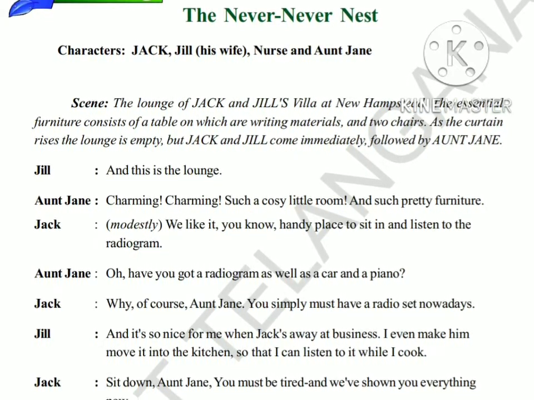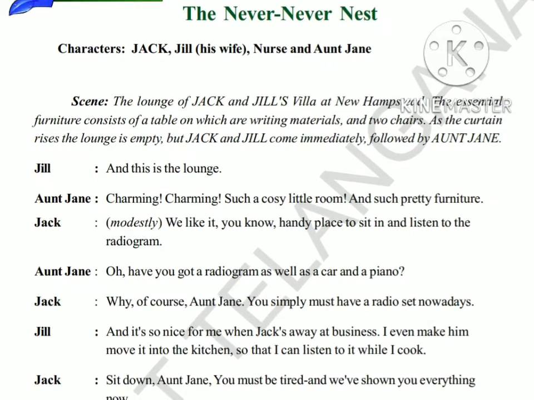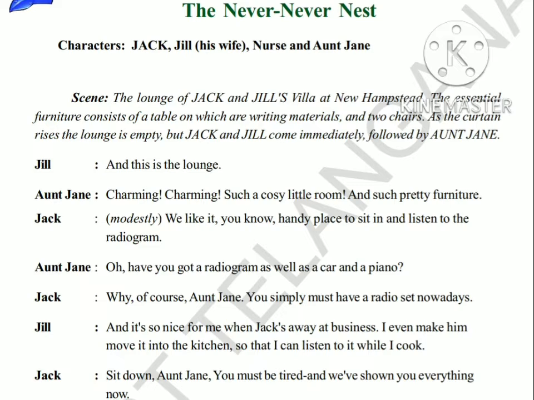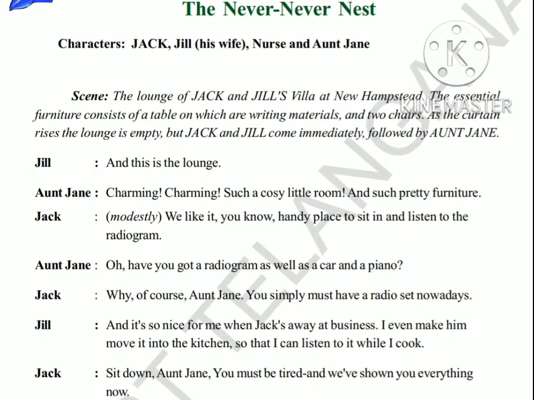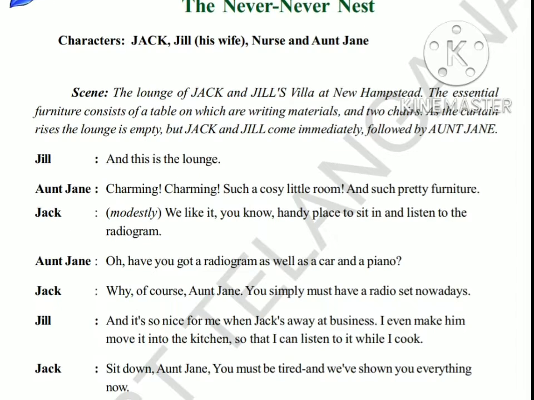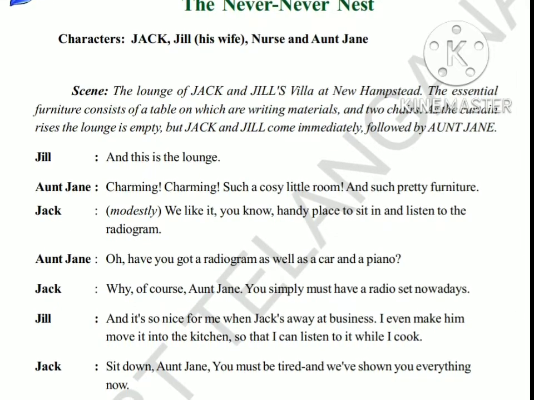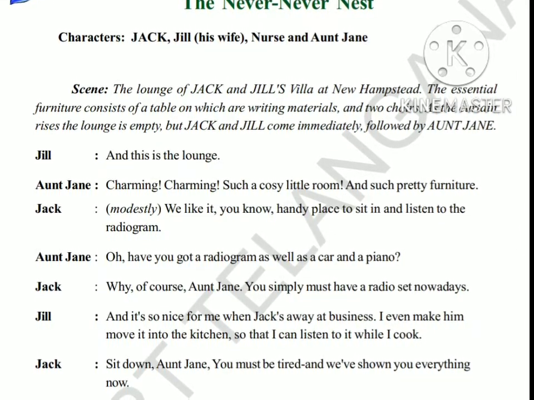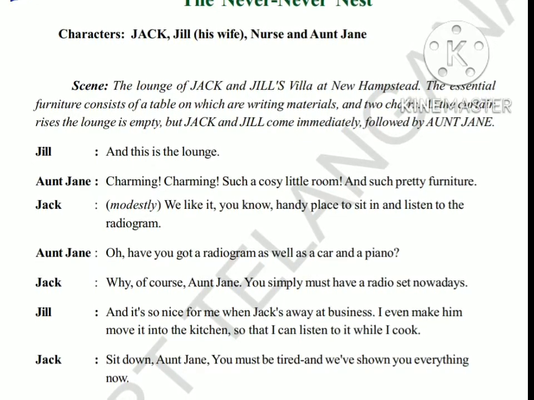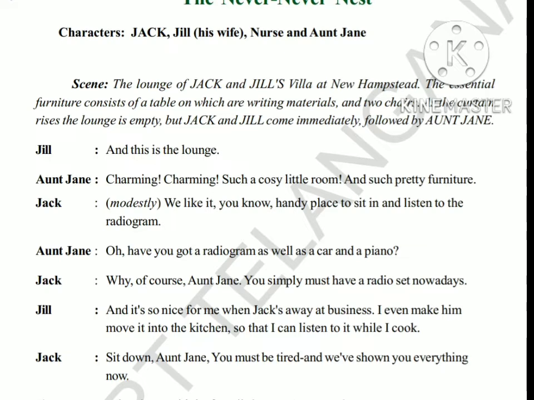The log of Jack and Jill's villa at New Hampstead. The essential furniture consists of a table on which are writing materials and two chairs. As the curtain rises, the log is empty, but Jack and Jill come immediately, followed by Aunt Jane.